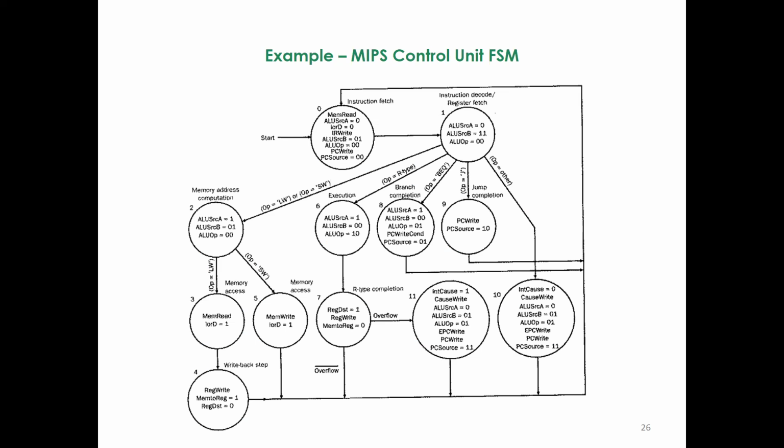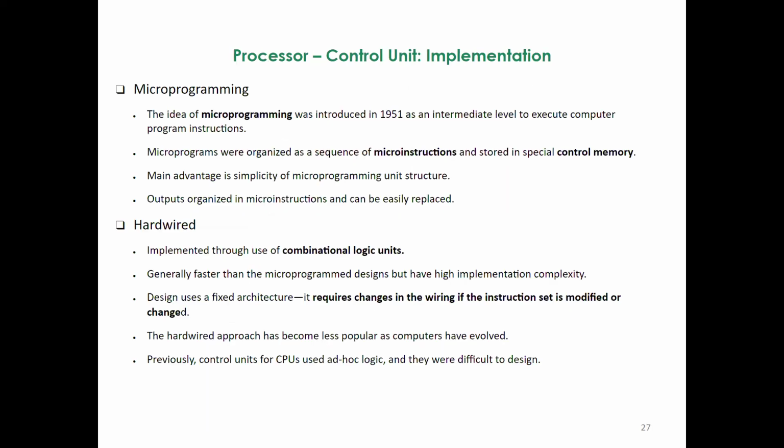That's option one. Or hardwiring: you convert the function of the program into a circuit, which is fixed, and it will do exactly that. So you have those two options.